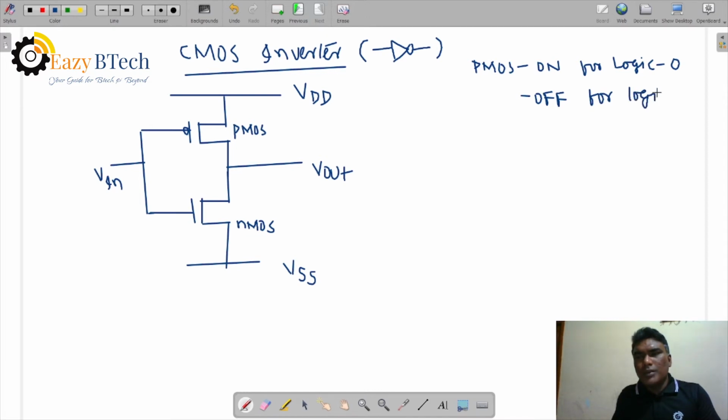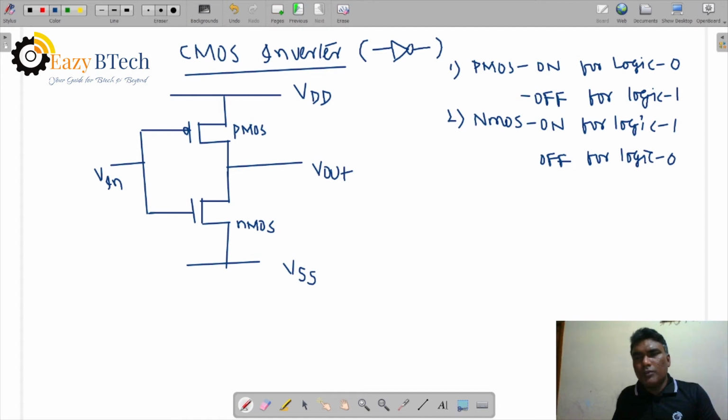That is the PMOS condition. Second, the NMOS condition. When NMOS is on, the channel is established and the enhancement device is on. It will be on for logic 1 and off for logic 0.